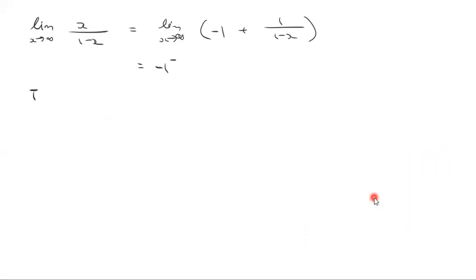Now, if I were to do it the tricky way... Wait, sorry, I'm confused. How do you know that it's approaching from the negative side? Well, you told me that this is a 0 negative, right? Yeah. So if you've got -1 plus a small negative number, is it smaller or bigger than -1?